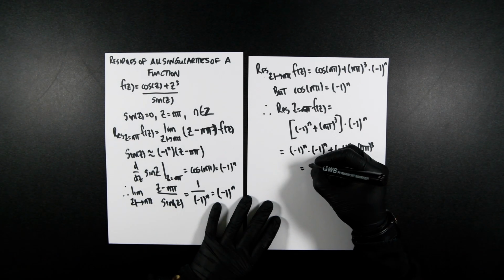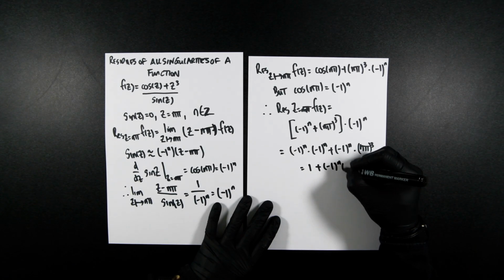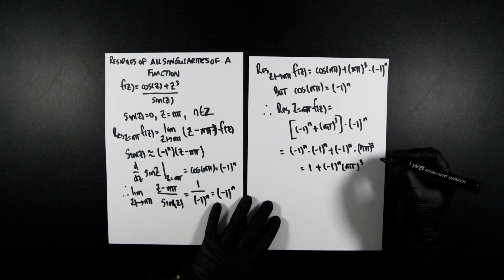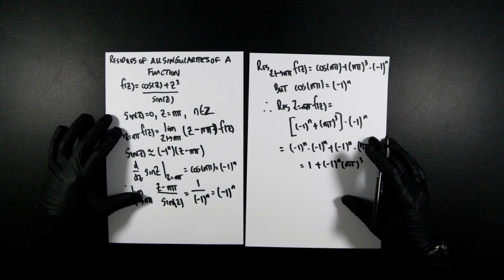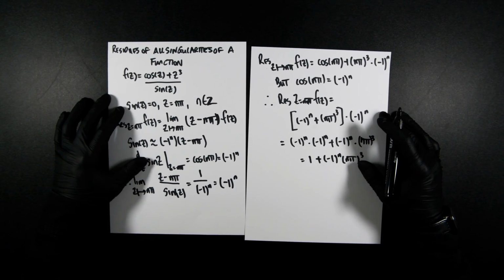Simplifying this out, we will get 1 plus (minus 1)^n (nπ) all cubed. And there we go. We have used a bit of residue theory to find all the singularities of this function.